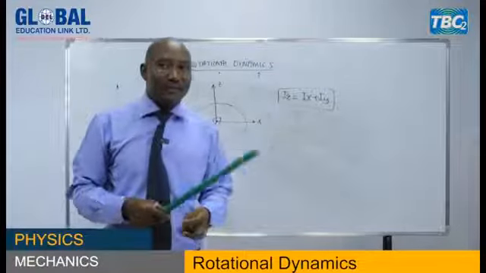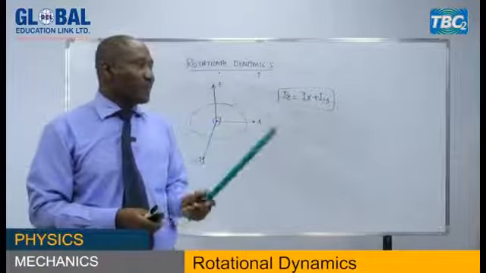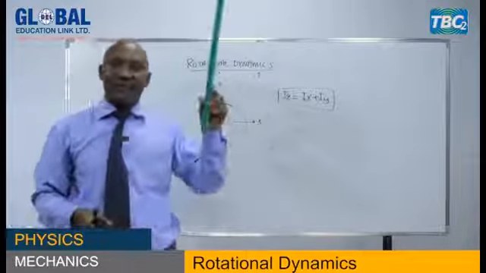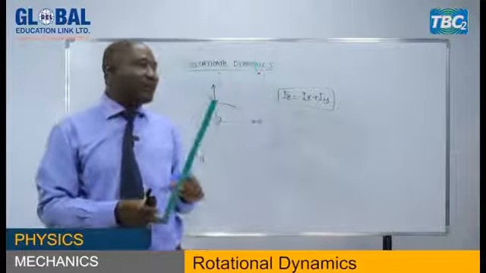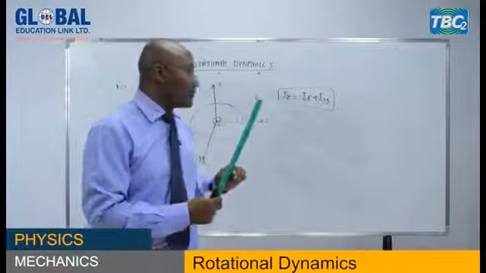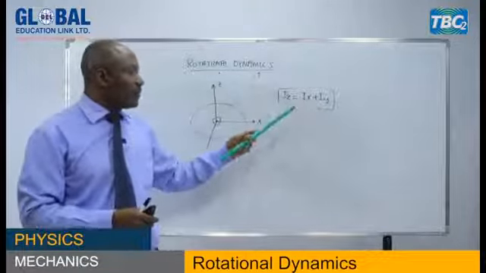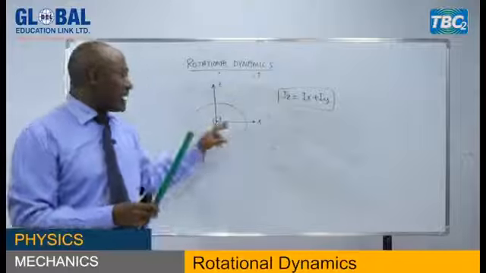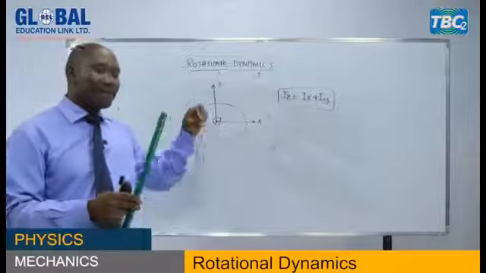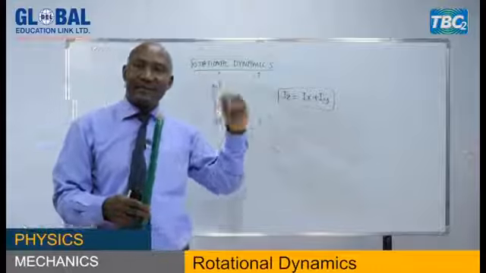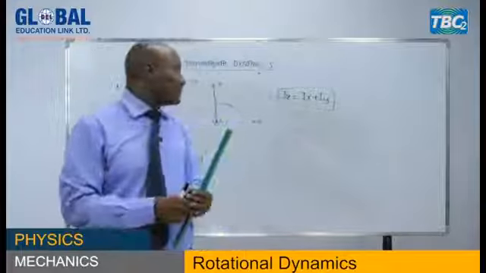So the condition: the moment of inertia about the axis perpendicular to the plane should be equal to the sum of the moments of inertia of the two axes, which are perpendicular to each other but must intersect the first one.